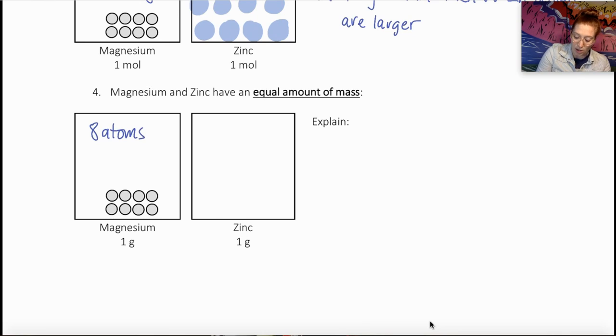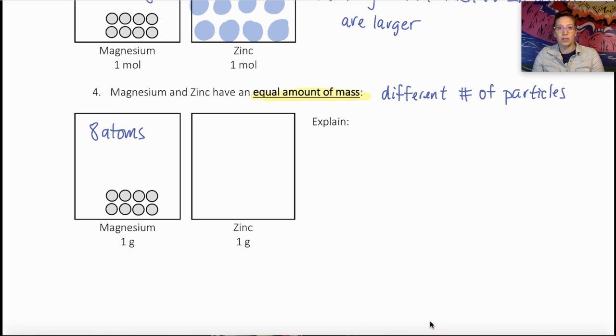This time, though, instead of showing the same number of particles, we're going to show equal mass. So this is going to have to be different number of particles. Okay. So again, I actually want to start with my reasoning. So if we have the same mass, because their molar masses are different, this is going to mean a different number of moles.